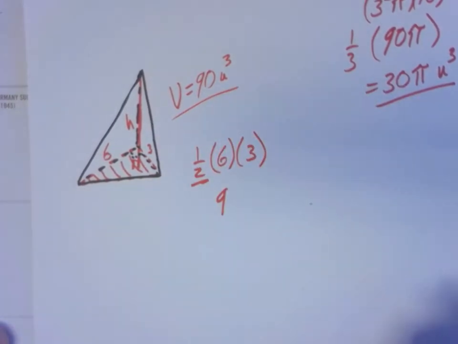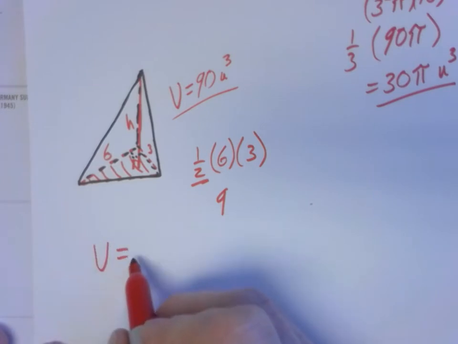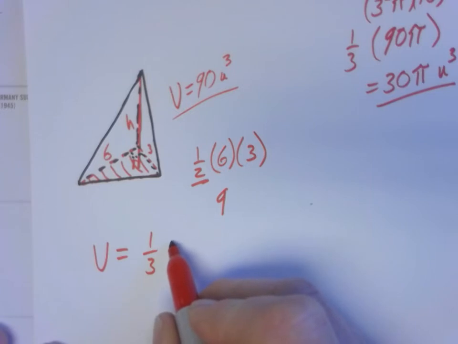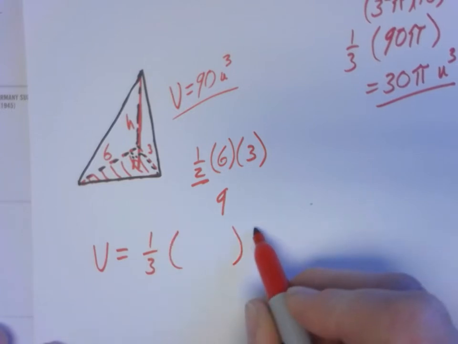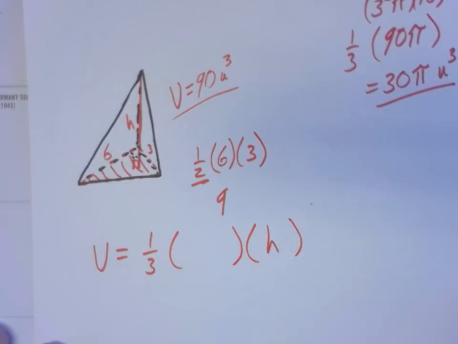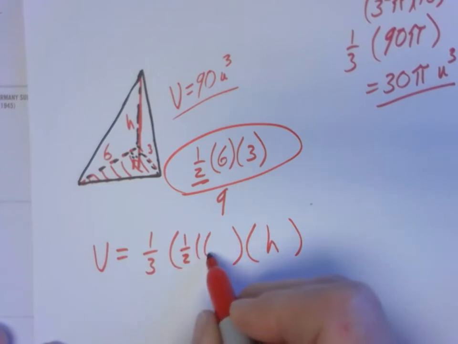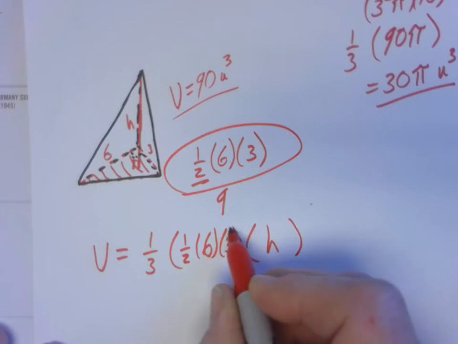Okay, so we know that the formula for the volume of this particular figure is 1/3 the area of the base, times the height. We don't know what the height is. We did figure out the area of the base, though, didn't we? It's 1/2 of 6 times 3.